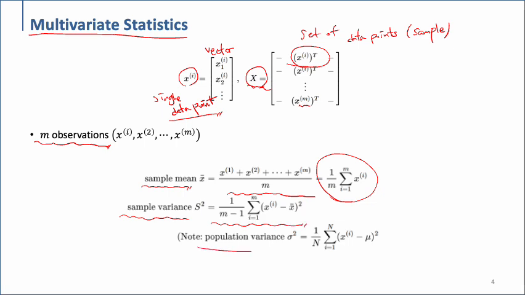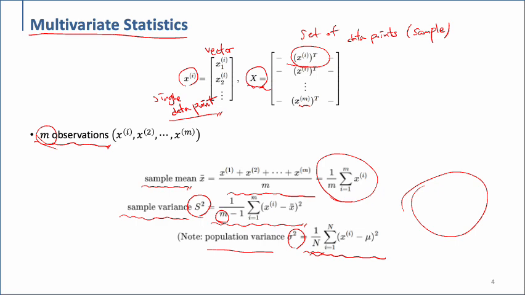You should see the difference between the sample variance and the population variance. Instead of using n, the total number of the population, we calculate the sample variance using m observations. The population variance is over the whole set of data, so there we use n instead of m.